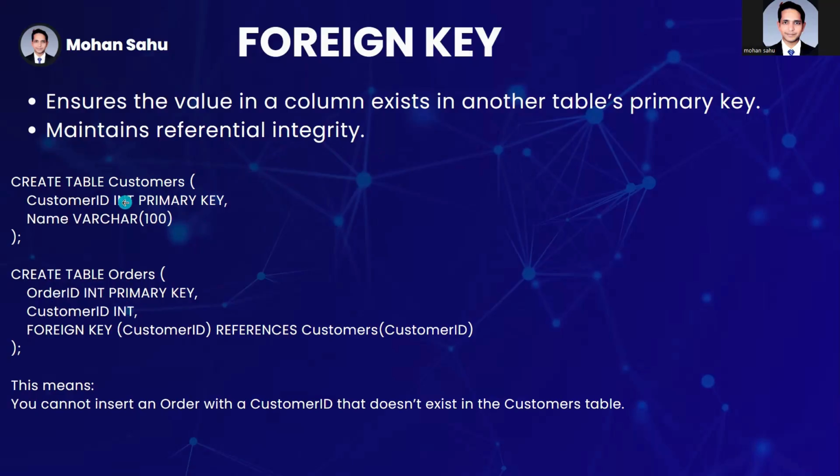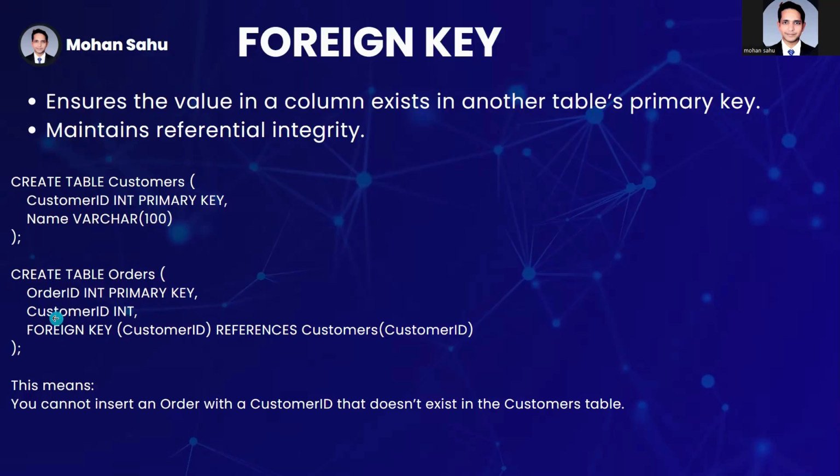Now if you want to relate both tables, think about the business logic: if someone is ordering something, that order should have the customer ID, right? So the customer ID column here in the order table, we are making it a foreign key, and this foreign key relates to the customer table's primary key, that is customer ID.